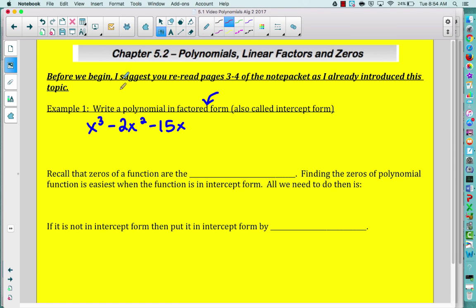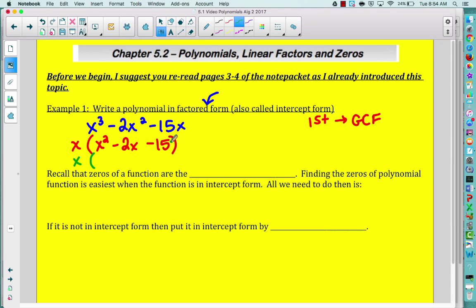So going through our factoring techniques, you remember that the first thing we do is we take out that GCF, greatest common factor. So I notice here that there's a greatest common factor of x. So I take that out and I'm left with x squared minus 2x minus 15. All right, now I see that trinomial in the parentheses and I see if I can factor it further. And it appears that I can.